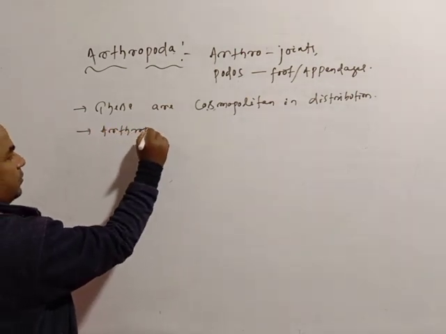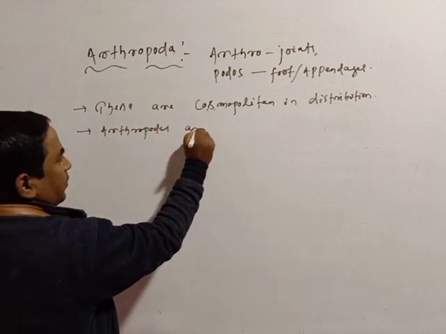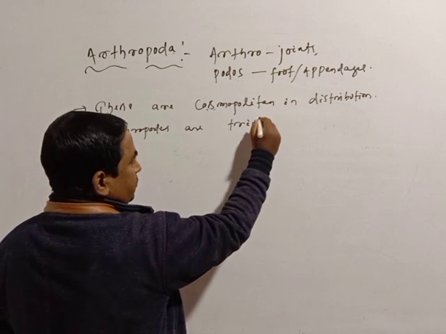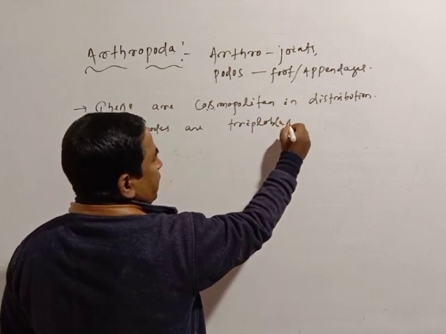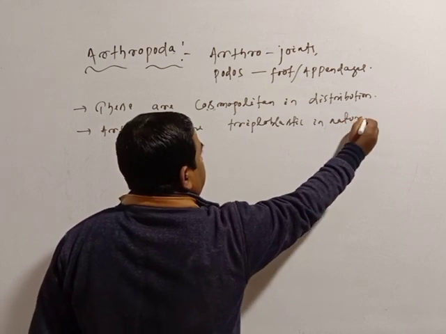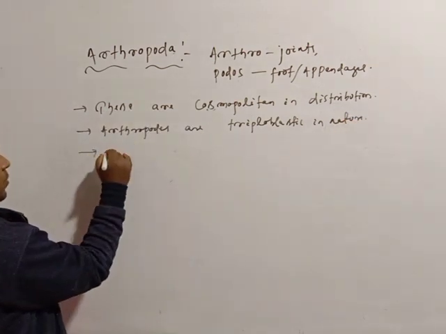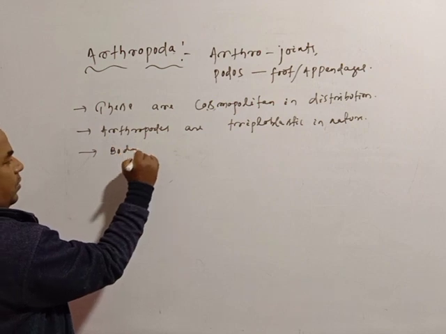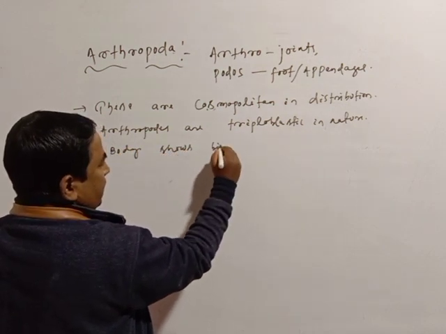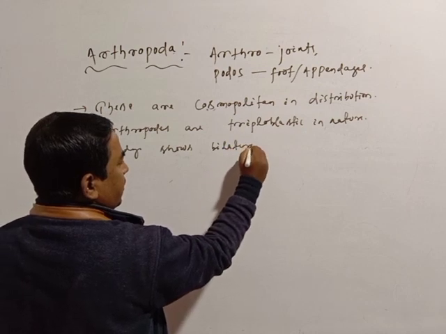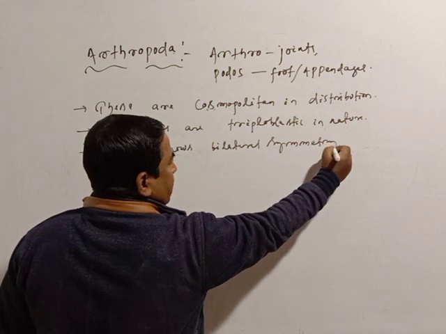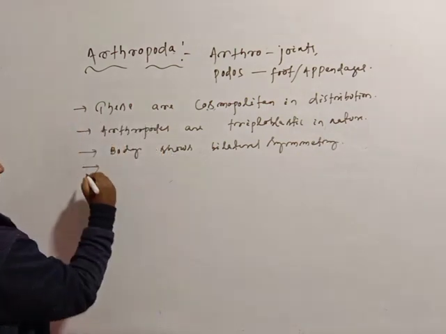Arthropods are triploblastic in nature. Body shows bilateral symmetry.